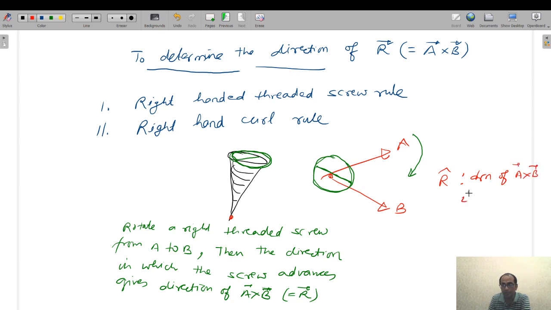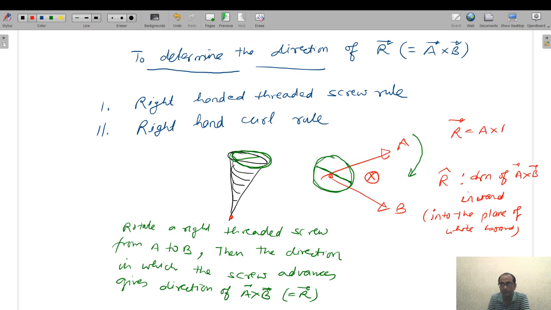ये कहाँ मिलेगा? हमें inward मिलेगा, that is into the plane of whiteboard. ये जो हमारा व्हाइट बोर्ड है उसके inward, यहाँ पे हमें inside, ओके। So we can denote that direction by a cross. तो यहाँ पे जो डायरेक्शन है of this vector R is what?